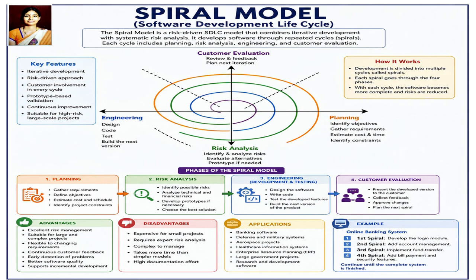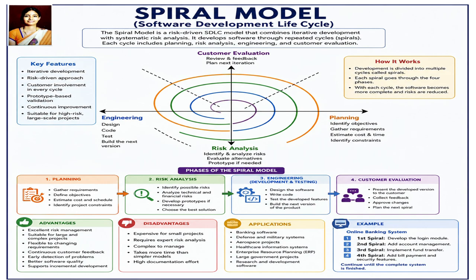Coming to how it works: the first spiral is the basic version, the second spiral adds additional features, in the third spiral improved functionality comes, and in the fourth spiral the complete system comes. This is how the spiral model works. When it comes to advantages, it is a very strong risk management model. Of course, it is flexible to changing requirements.